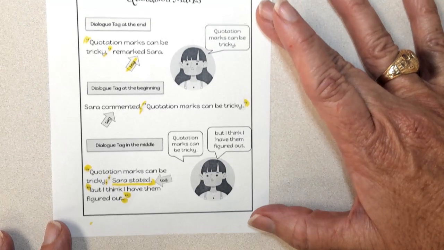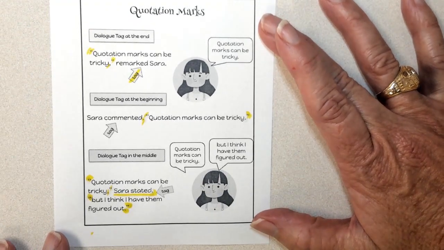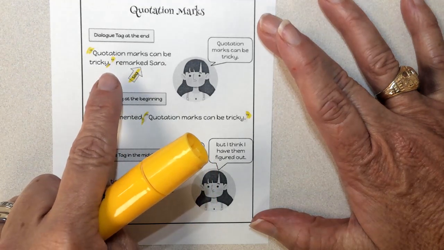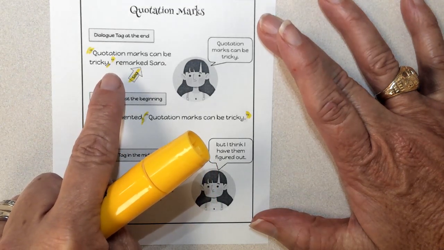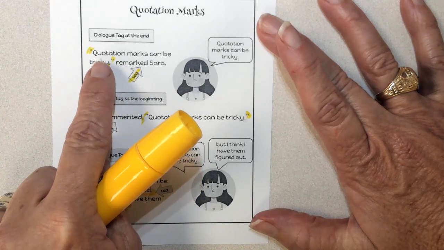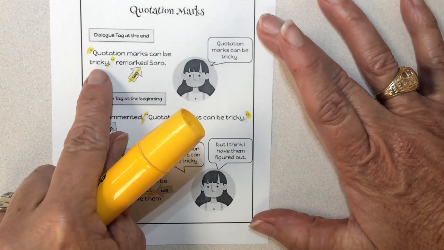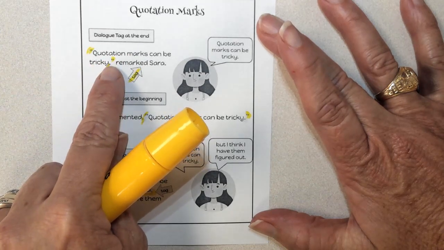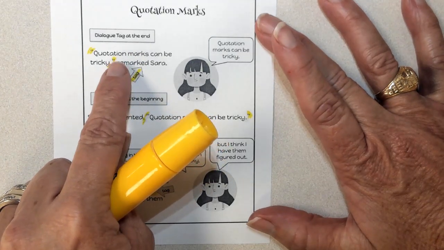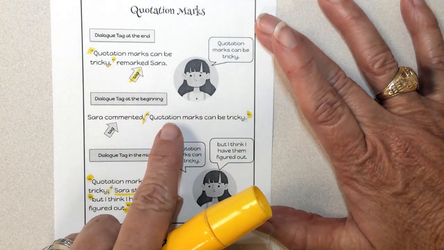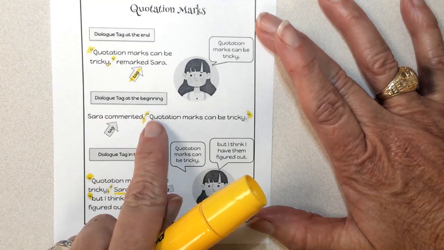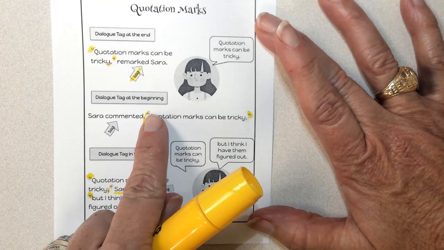So just remember, quotation marks can be tricky, that it's different depending upon where the quotation marks and the dialogue is happening. If it's at the beginning of the sentence where somebody is making a statement, then we're going to use a comma to separate who is making that comment. And then if we start with somebody saying something, we have a comma and we start with our quotation marks.